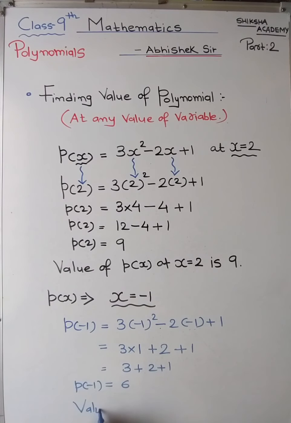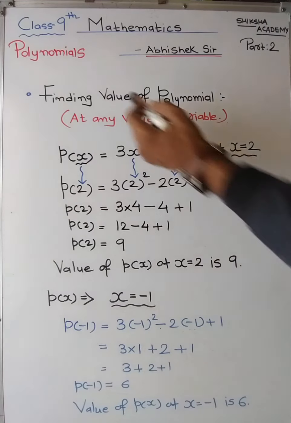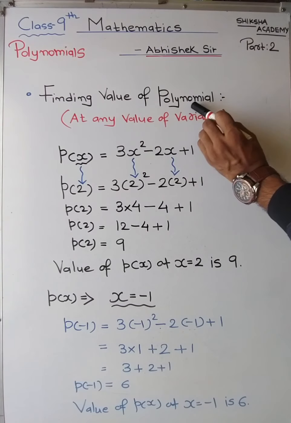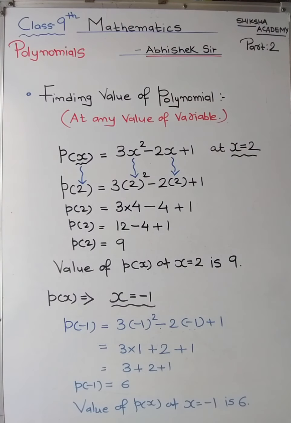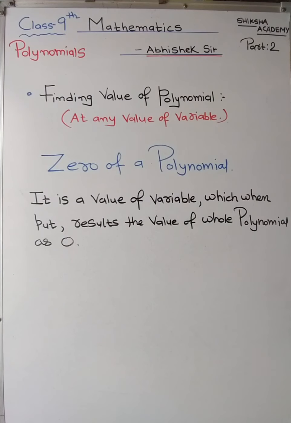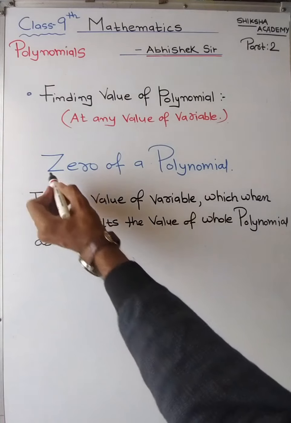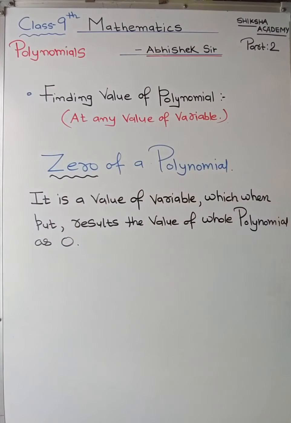So we can say that value of P of x at x equals to minus 1 is 6. So that is how we just replace the variable with the number to find out the value of the whole polynomial. Clear? Now moving on to the next and very important topic, that is zero of the polynomial, right?